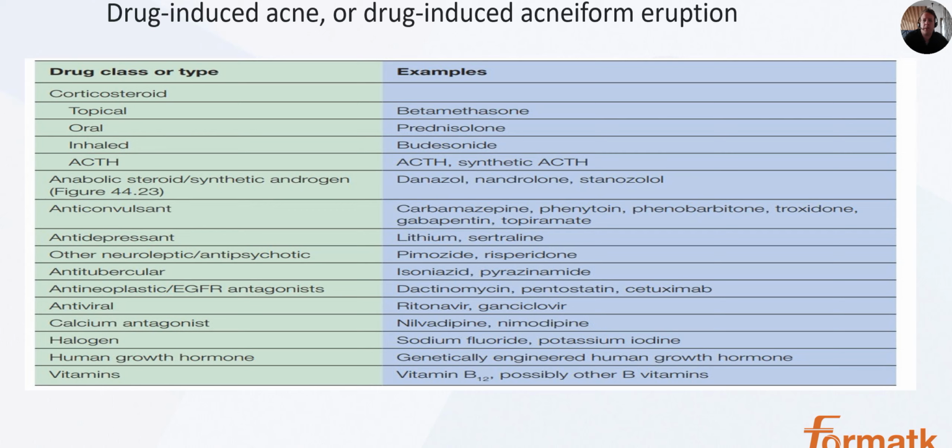Another phenomenon is basically drug-induced acne or drug-induced acneiform eruption. We can see it with people who take corticosteroids and suddenly stop. Then you have an acne burst some days later on. So you treat the acne, and it's basically a side effect of the use of the corticosteroids.